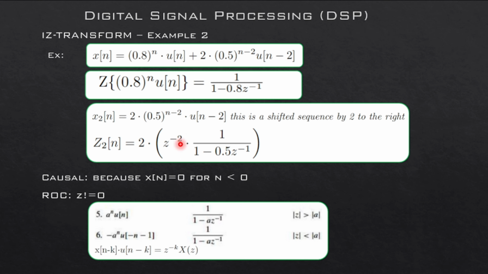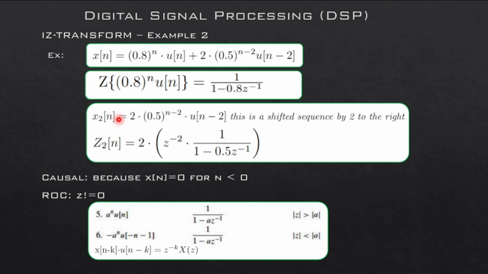As simple as that. And finally, you multiply by this 2 over here, which is simply a multiplying number, okay? But it linearly multiplies also the transform, so it equals 2 times z to the power minus 2 times 1 divided by 1 minus 0.5 z minus 1.